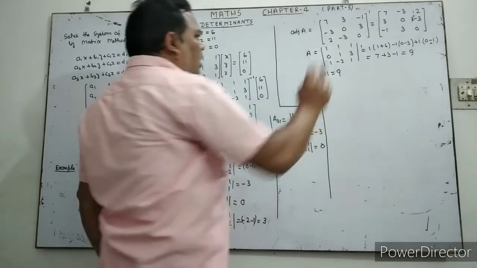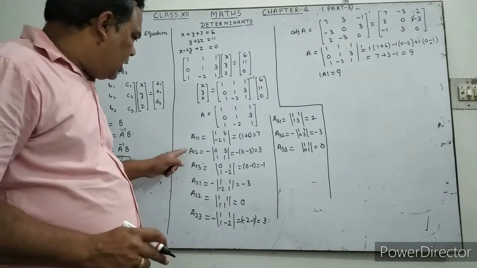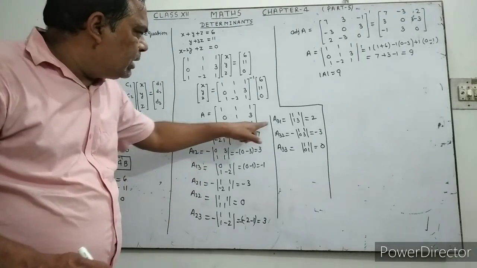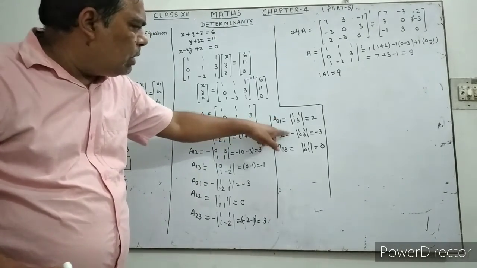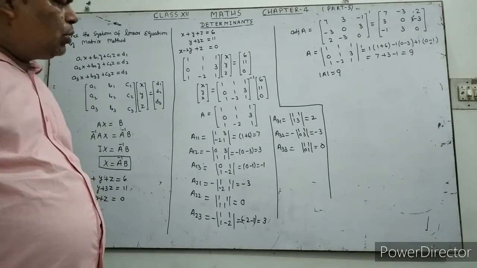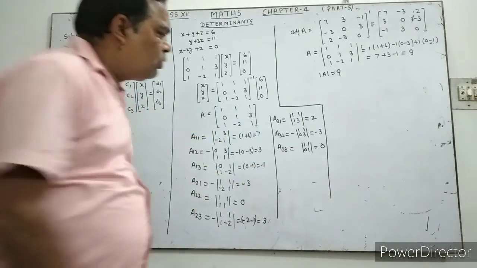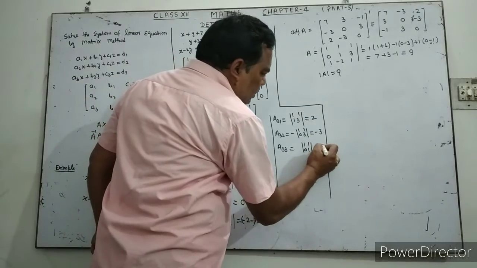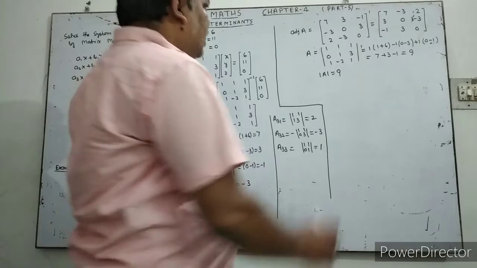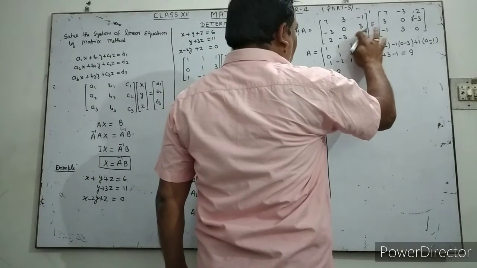And for the adjoint A, now check A11, A21, A31, A32, A33. This is 1, this is 1, then A33 is 1.